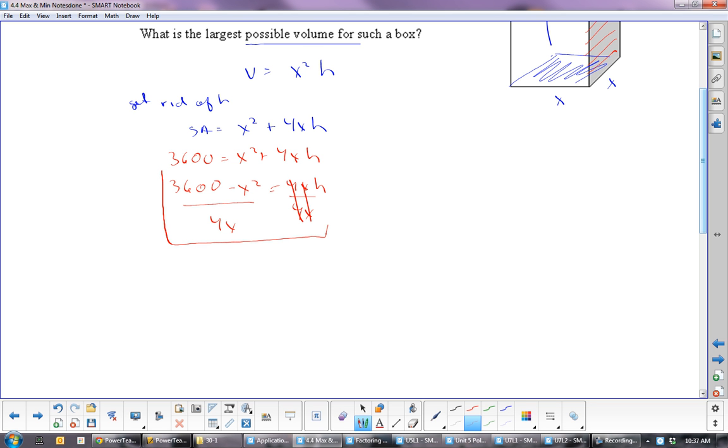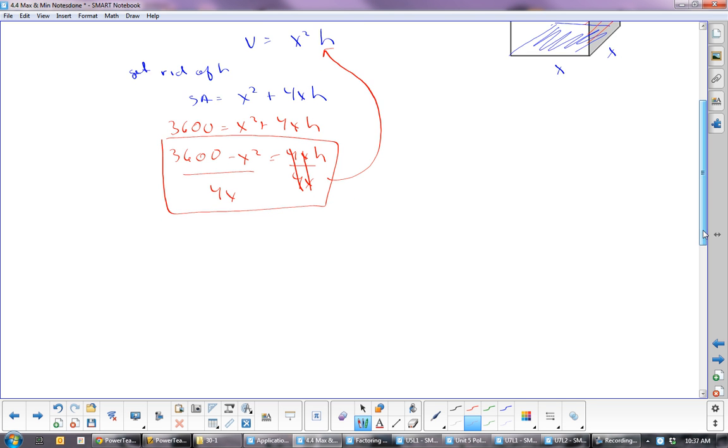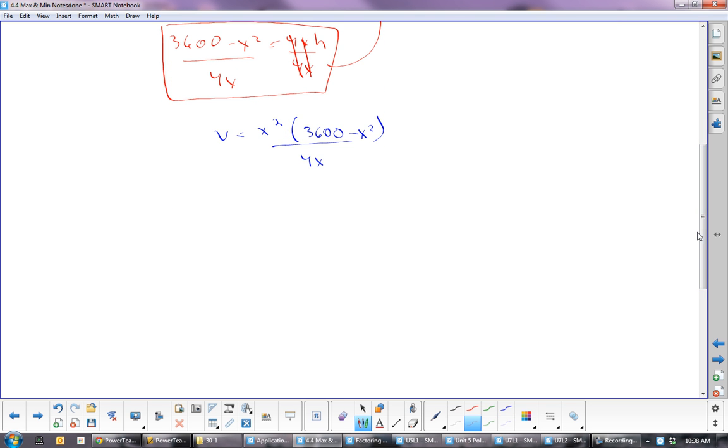So now I have this formula to go into there. So now volume equals X squared times 3600 minus X squared, all over 4X. Okay, let's try and simplify this.